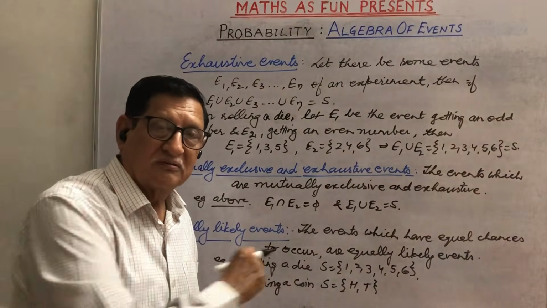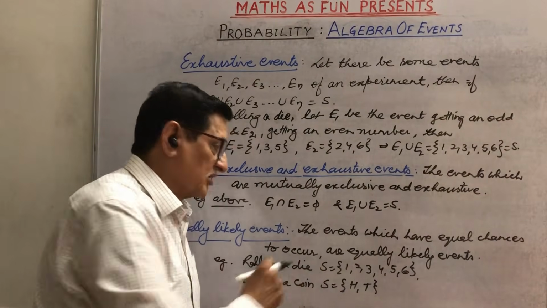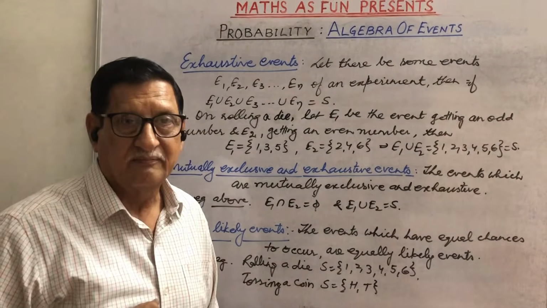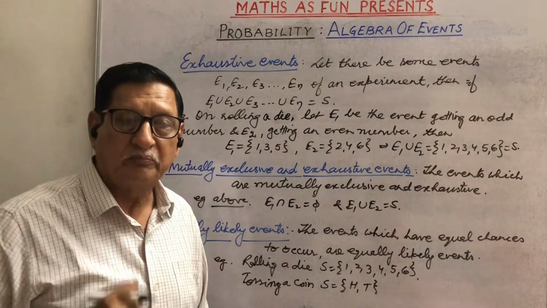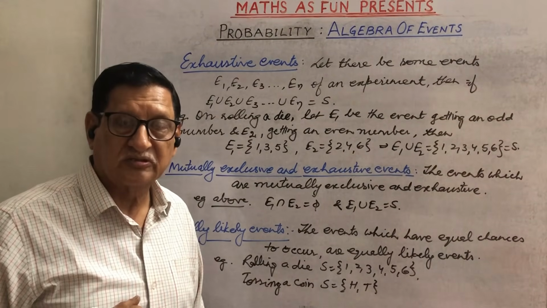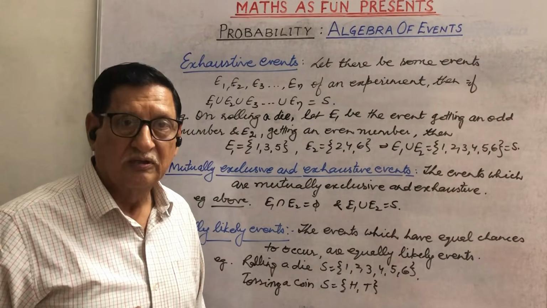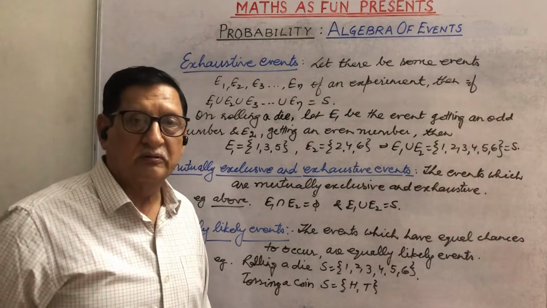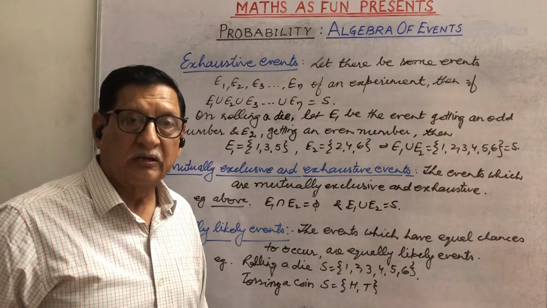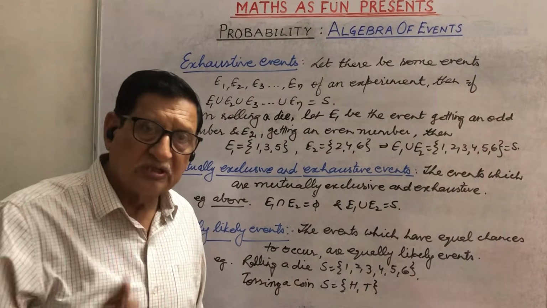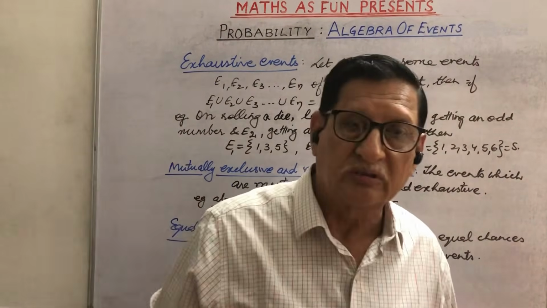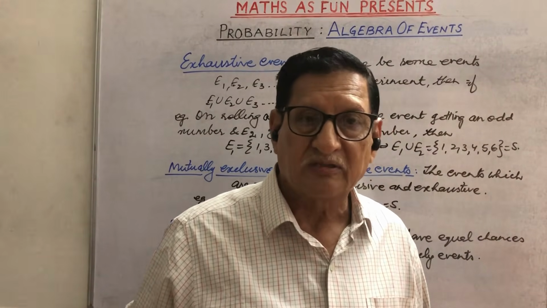That is the reason. Since they have equally likely chances and there are only two events, either head or tail, both have half chances, 50% chances to occur. That's why this is the preferred one in the match.